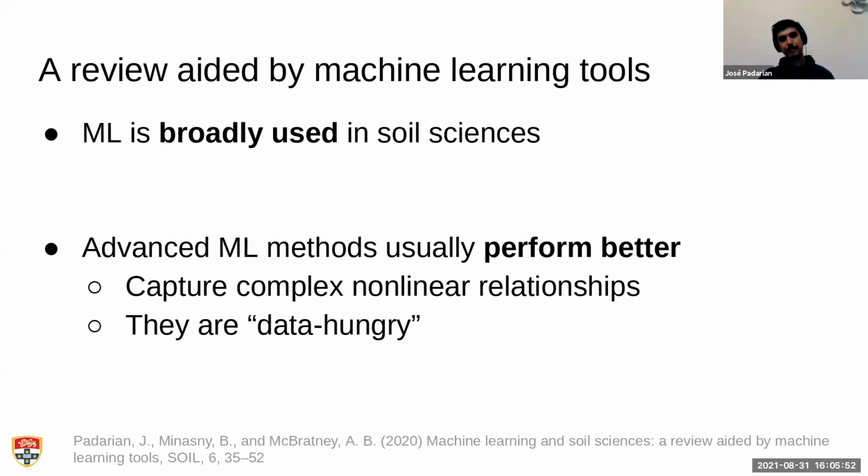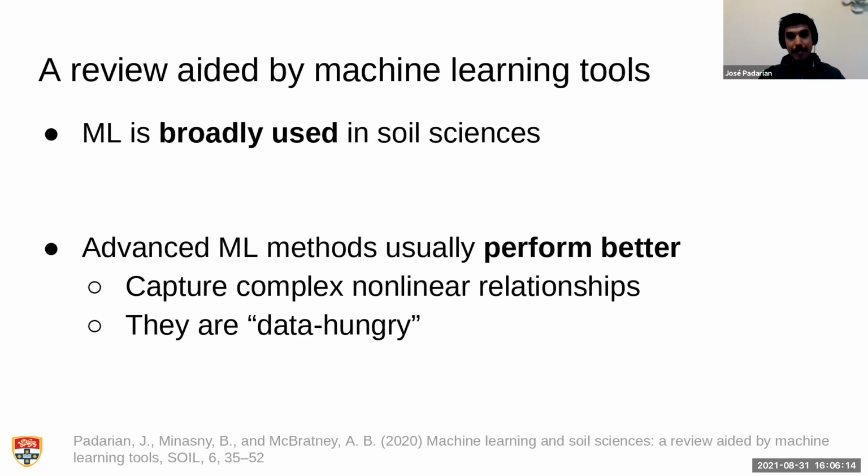So first, more generally, not just deep learning in terms of machine learning. In social science, we've used a lot of machine learning since the 80s, and it's broadly used in many topics. Last year I did a review about the use of machine learning in social sciences.